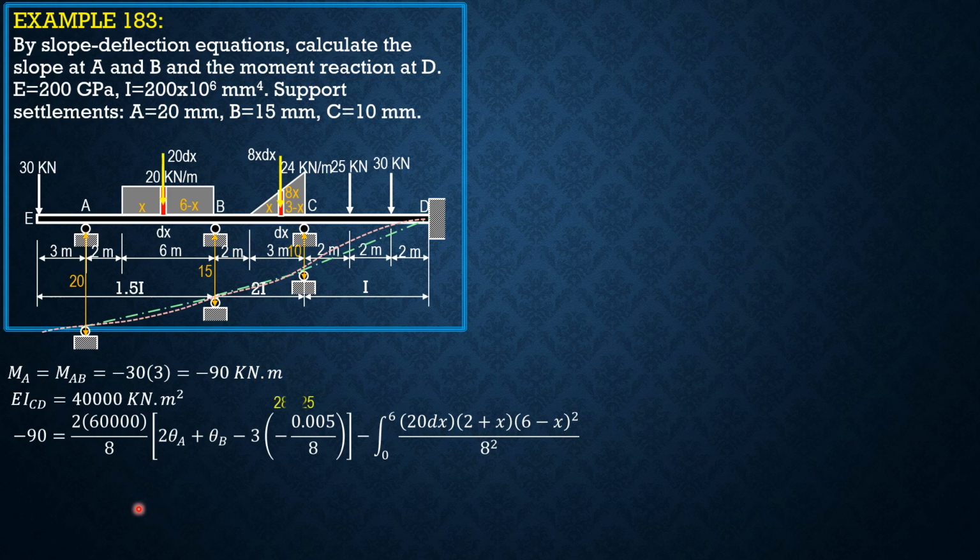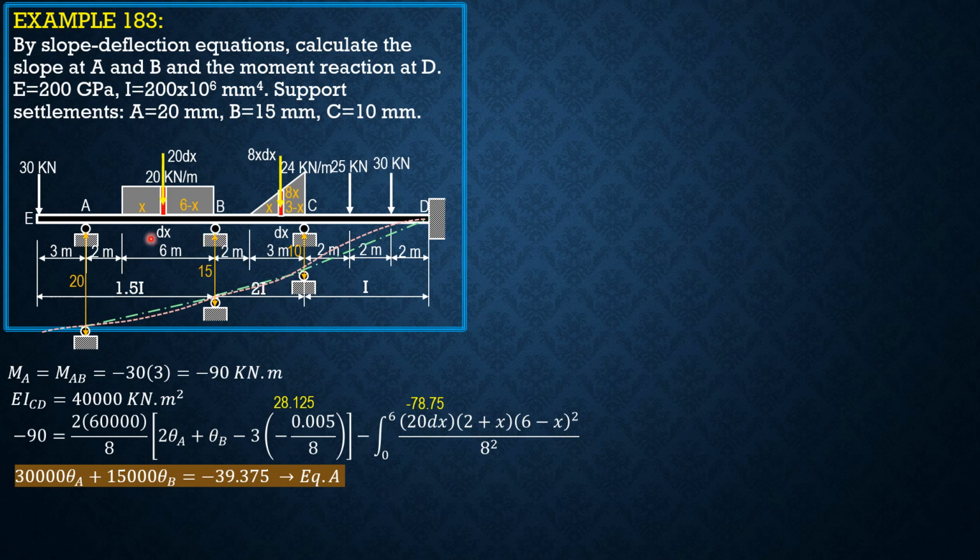So simplifying, this value is 2 times 60,000 over 8 times positive 3 times 0.005 over 8, 28.125. This integral is negative 78.75. So simplifying, 30,000 theta A plus 15,000 theta B equals negative 39.375. Call that equation A.